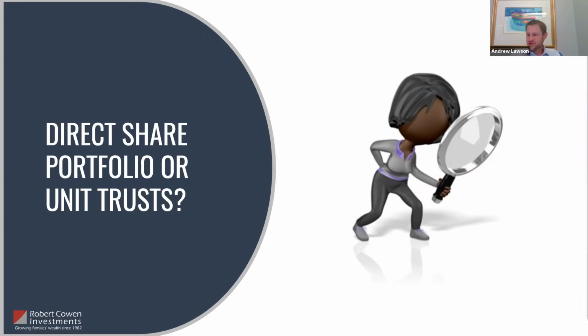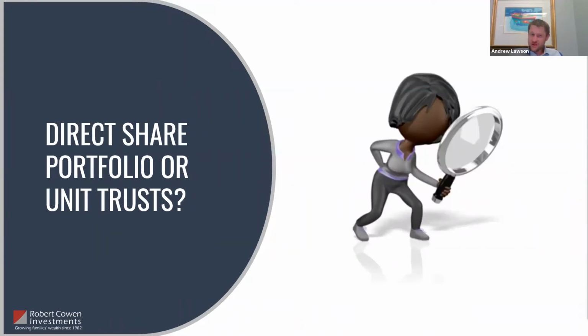The next question is, do I need 5 different unit trusts? Partly that is a question of comfort in terms of the investment manager. Are you comfortable with all your eggs sitting in one investment manager? But partly it's also a question of costs.